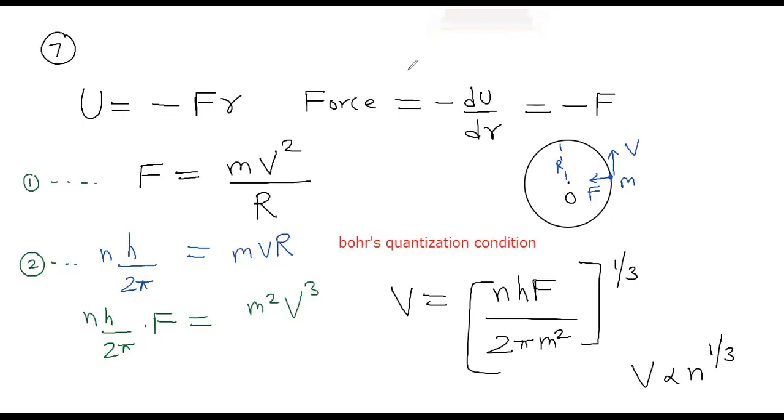Now potential energy is Fr, so it is F, and we can observe from here that Fr is equal to mv square.